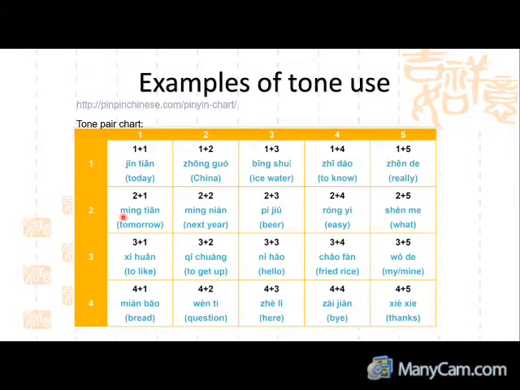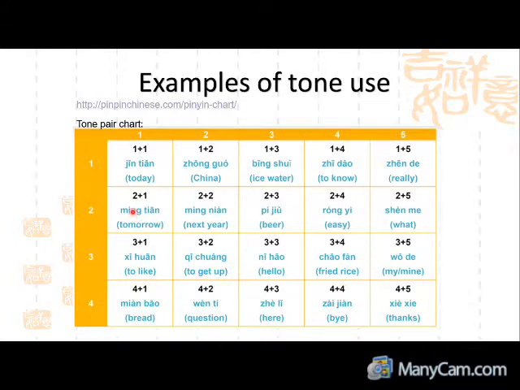We can have tone 2 and 1 combination, as in the Chinese translation for tomorrow, which is 明天. We can have tone 2 and tone 2 together, as in next year, 明年.